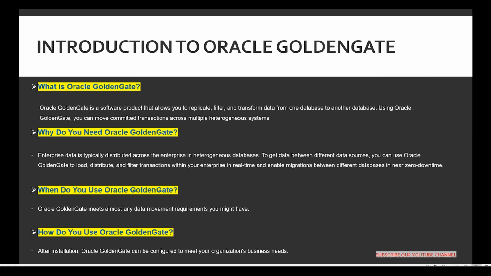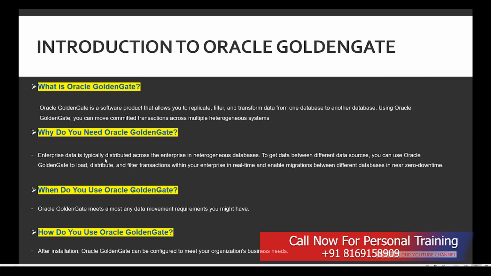It works on the principle of committed transactions. That means any data which is committed on the primary setup, based upon the mapping of the tables, will be replicated on the target setup. So this is the Goldengate product, and why do you need to use Oracle Goldengate? This is the next question that comes to mind.